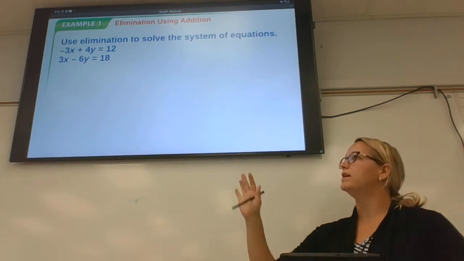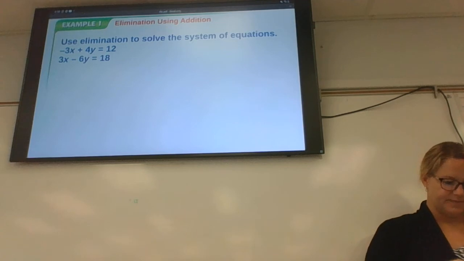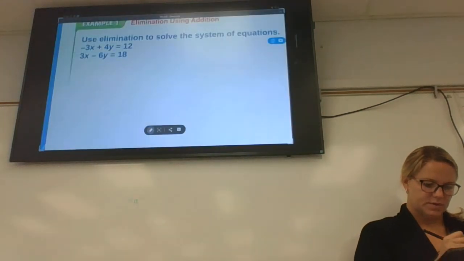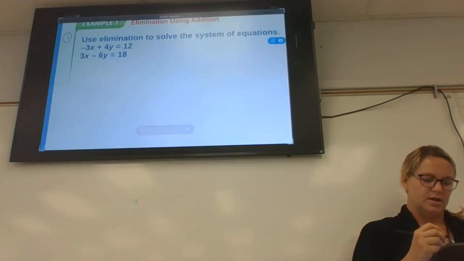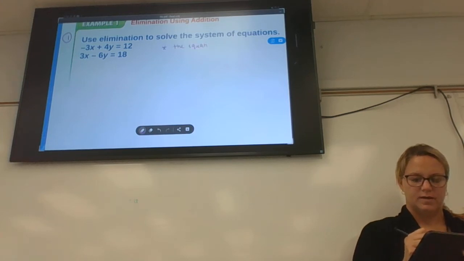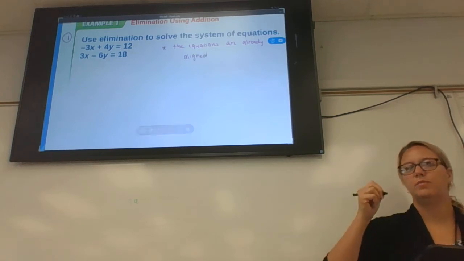Example one. Write the problem exactly like this. Write the problem stacked. So this is number one. The equations are already aligned for you, so step one is done.